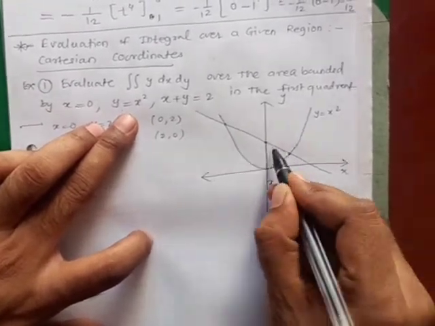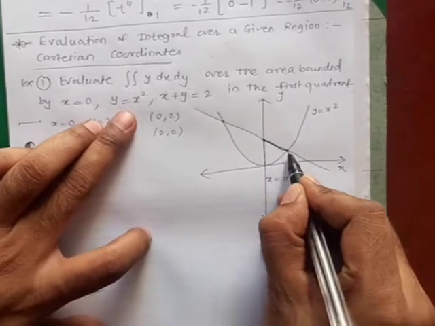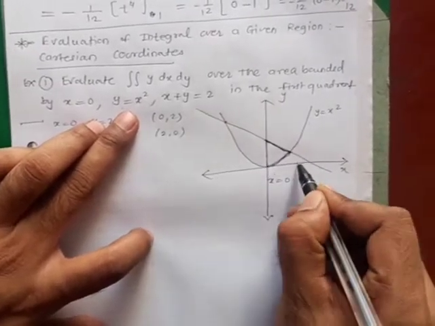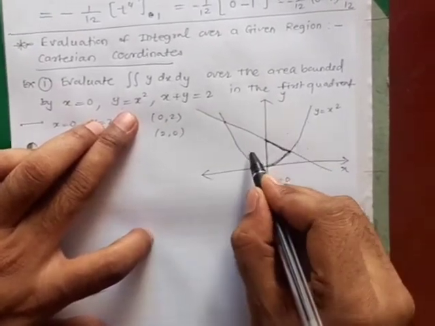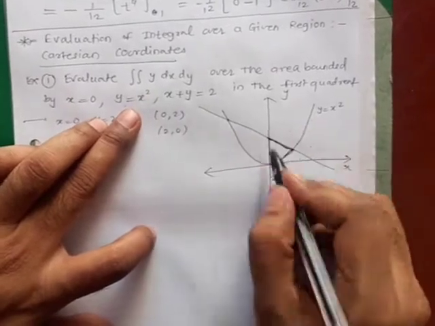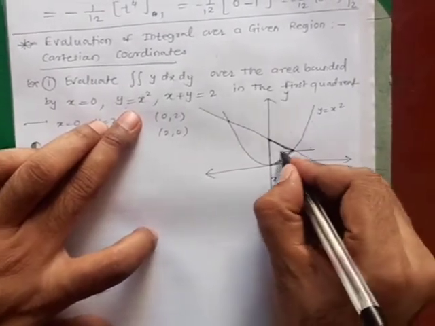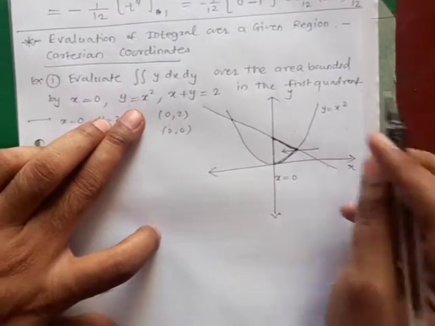Obviously this one, this region, not this, not this, because we are interested in first quadrant only. So this will be the region where we need to find this integration.